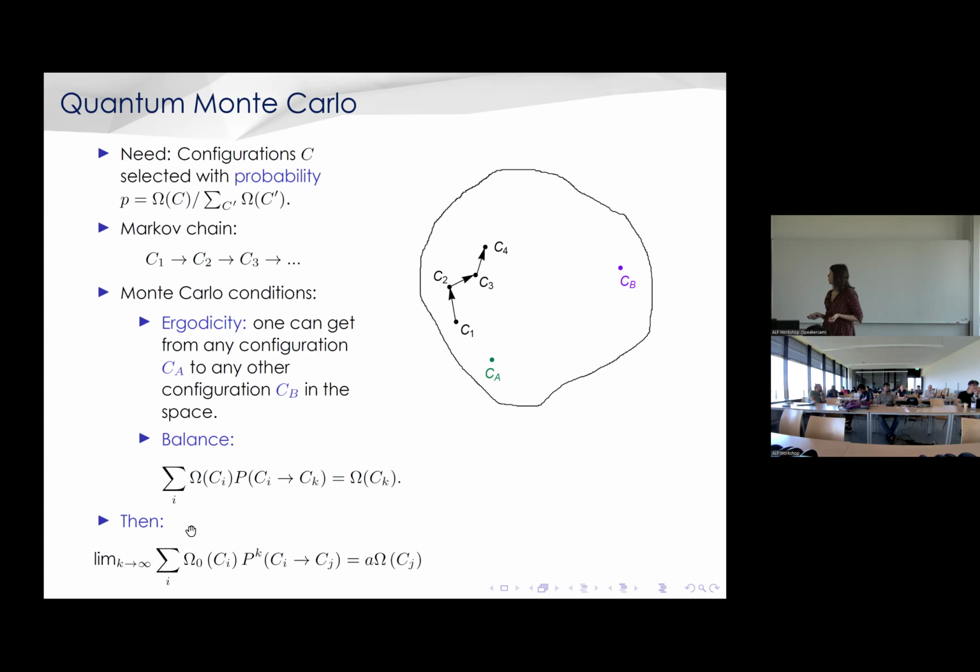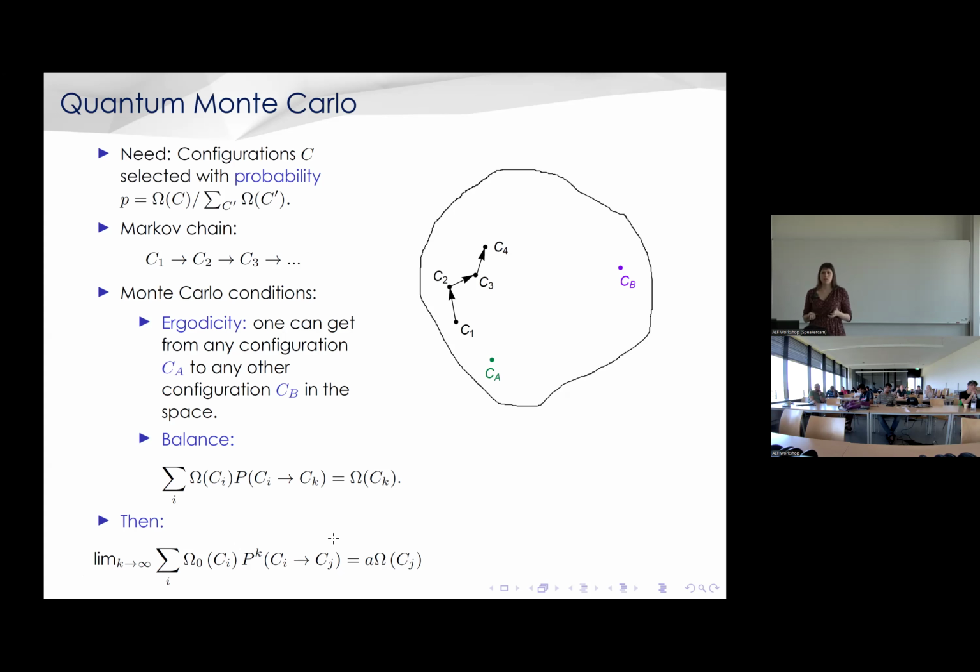So then you can show that if you start with a wrong set of weights, because at the beginning we don't know what the correct weights for the configurations are, but we just start with a wrong set of weights, but we follow the transition probabilities defined such that this is true, and we just keep transitioning, then the limit as we go to infinity is that we would go to the correct set of weights.